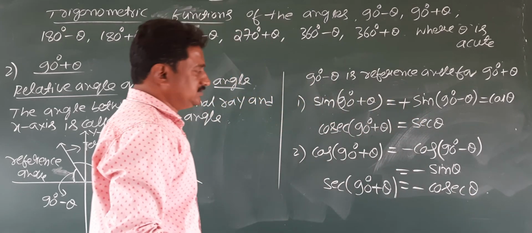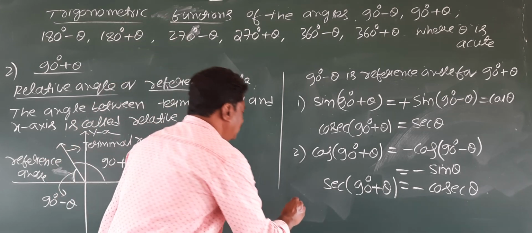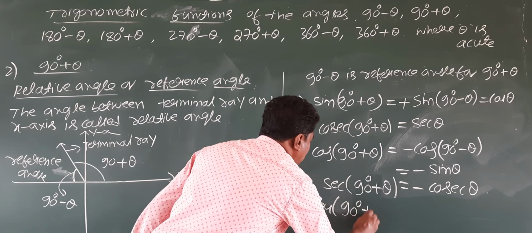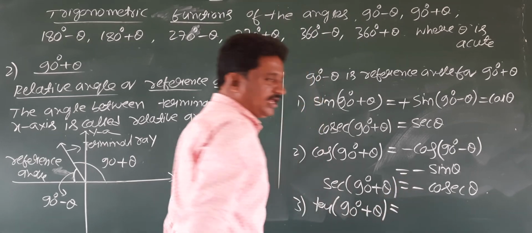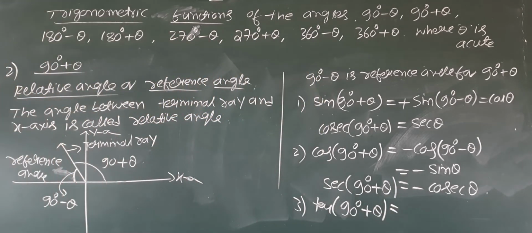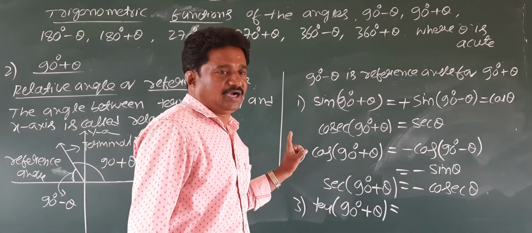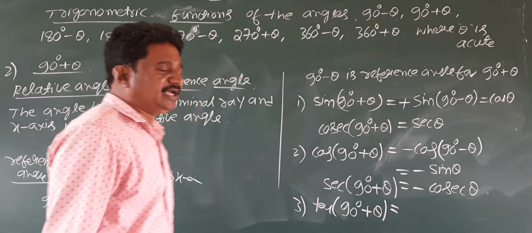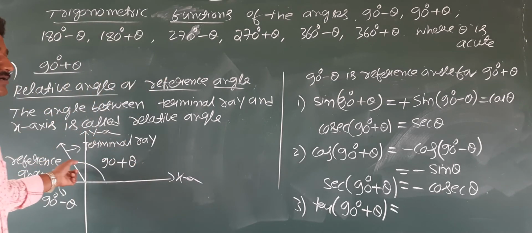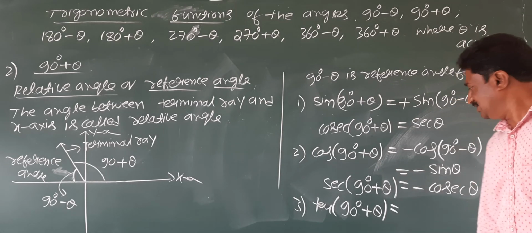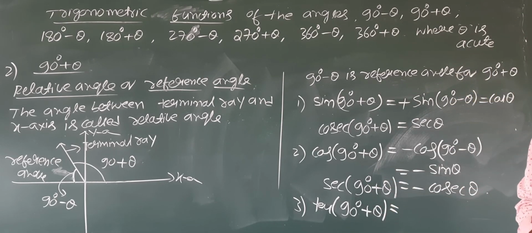Similarly, tan of 90 degrees plus theta. This is in the second quadrant, since more than 90 means we fall in the second quadrant. In the second quadrant, is tan negative or positive?